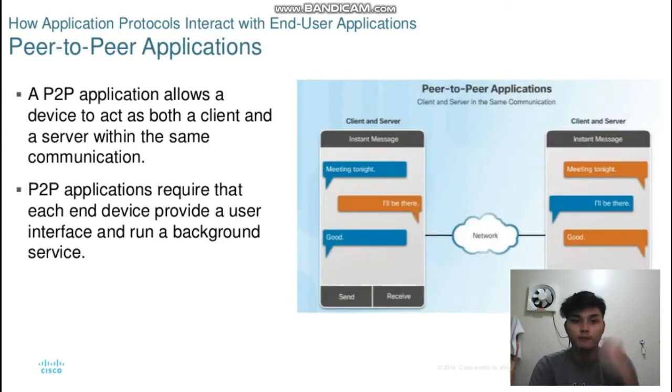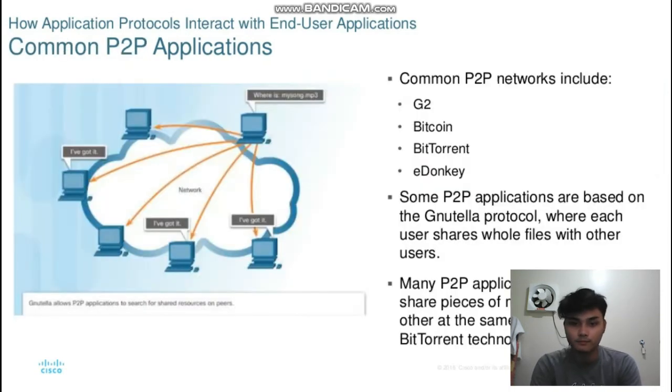Then we have peer-to-peer applications. A P2P application allows a device to act as both a client and a server within the same communication. P2P applications require that each end device provide a user interface and run a background service. Common P2P networks include G2, Bitcoin, BitTorrent, and eDonkey.